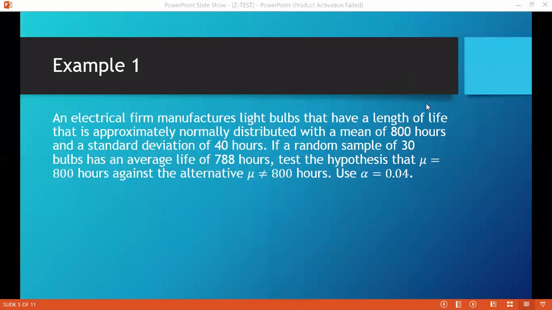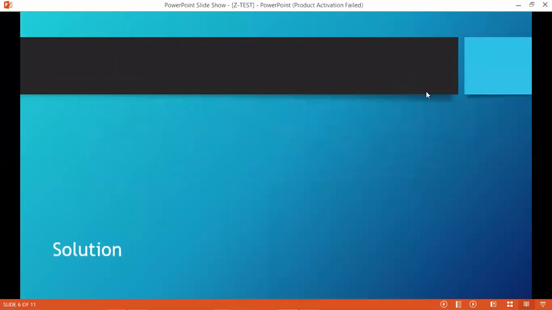to hypothesis testing. The solution, first step, remember that the first step, you are to identify your null hypothesis. For your null hypothesis, you say your H sub 0 where population mean is equal to 800 hours.